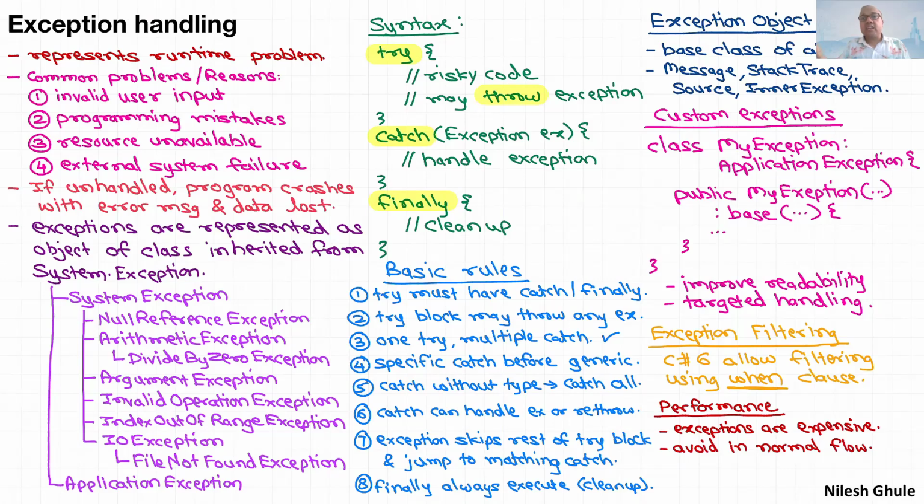It takes extra resources to build that stack trace. So exceptions should not be used in your regular flow of execution. If you have something unexpected, something dependent on external resources, at that time exceptions could be a good choice, but you should avoid exceptions if it is possible.